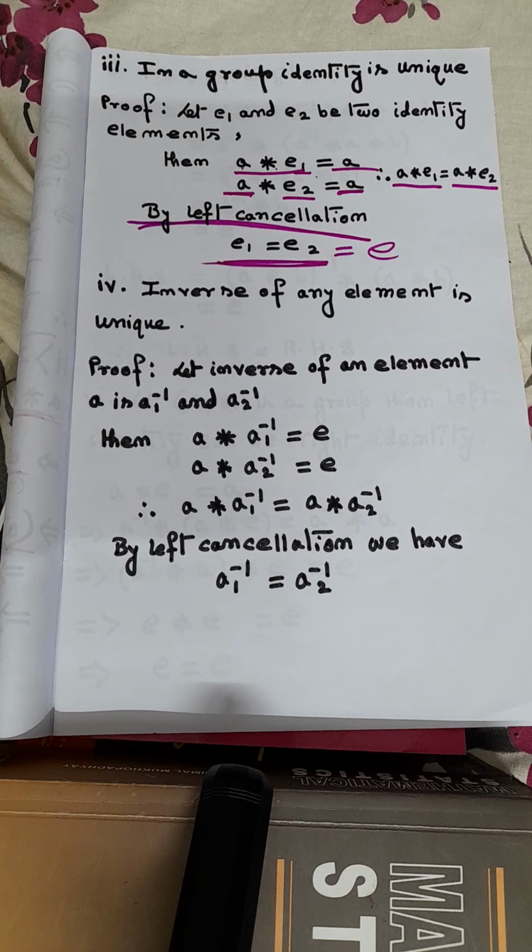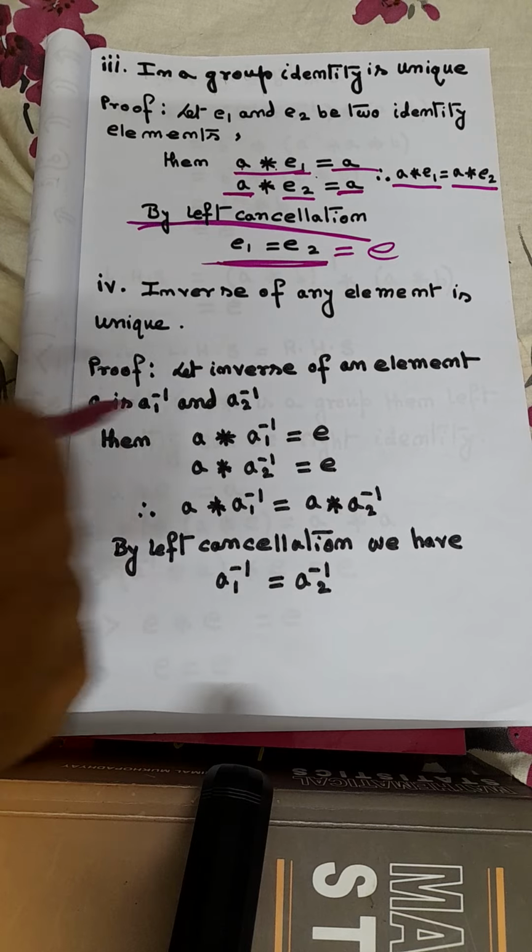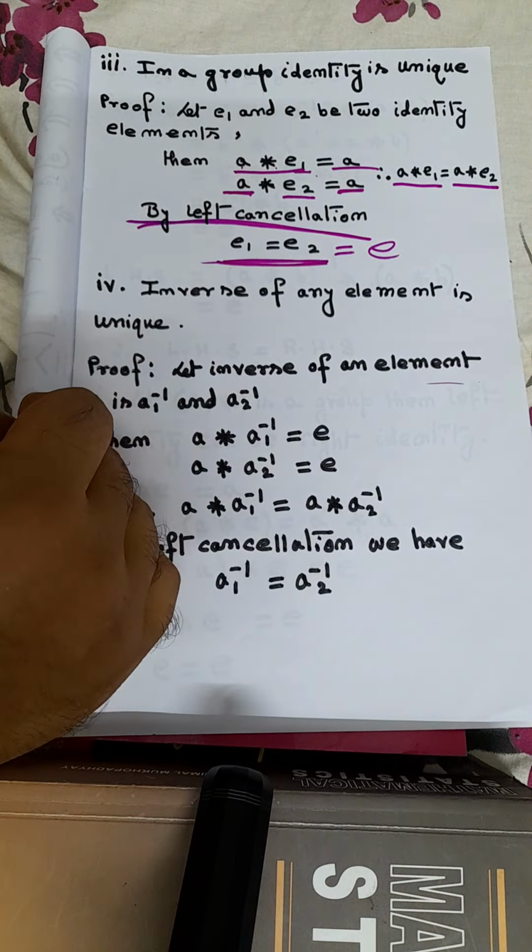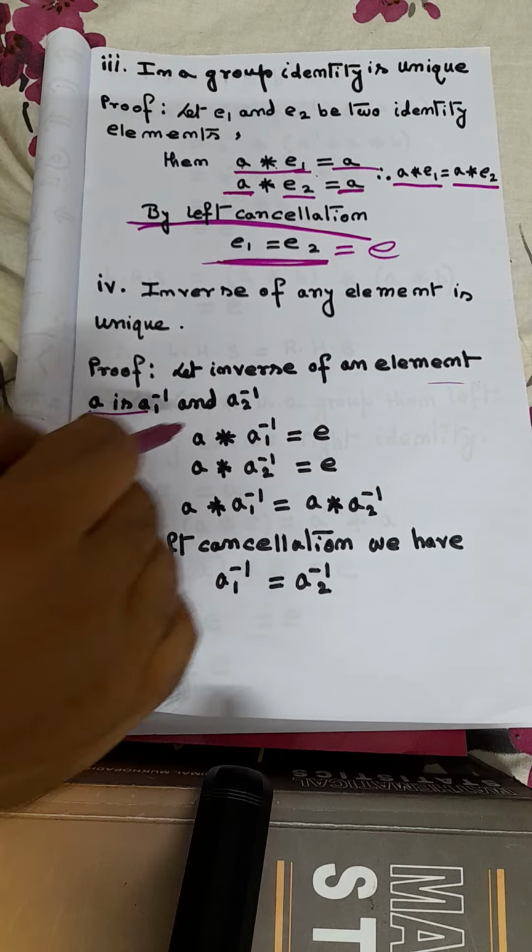Now the inverse of an element is unique. How can you prove that? Let the inverses of an element a be a1 inverse and a2 inverse.